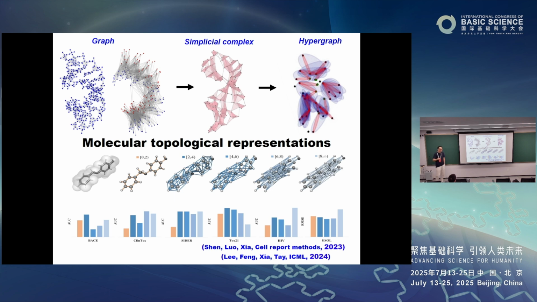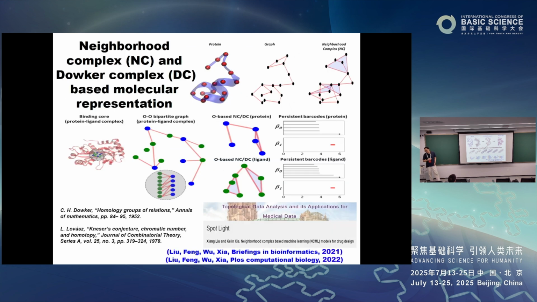But if you do a little bit of machine learning, you will see that this model is actually quite inefficient in studying the functions. The reason is that they miss a lot of non-covalent interactions. So in this way, we are trying to say that this graph representation is just one way for you to characterize the topology. There are many other different topological representations we can consider.